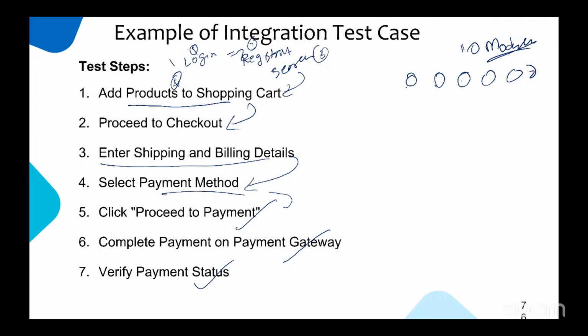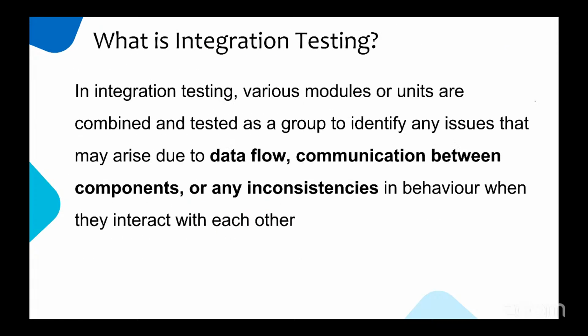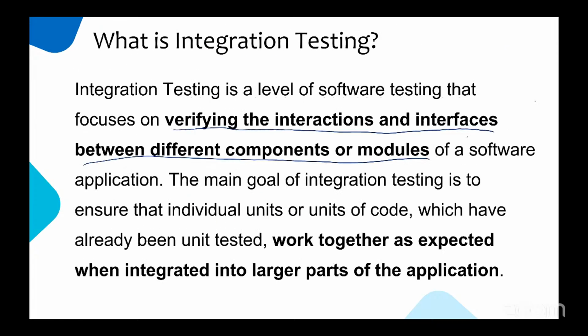So they have integrated everything. Here you're going to put an input, and here we should get the output. Again, this is black box testing, right? So when they do this, the main goal is to check whether it's properly integrated.